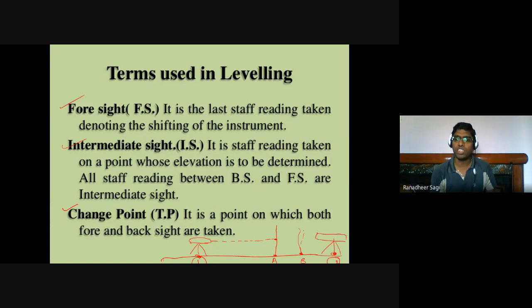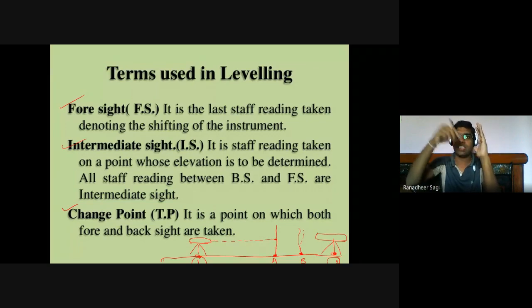And when I am shifting my instrument, understand, before shifting the instrument, the reading taken by placing the leveling staff at point A is what I call the foresight. And immediately after shifting the instrument, I am required to place my leveling staff once again at point A only, to take the reading.